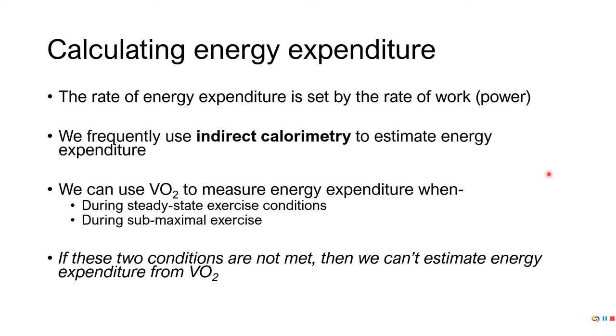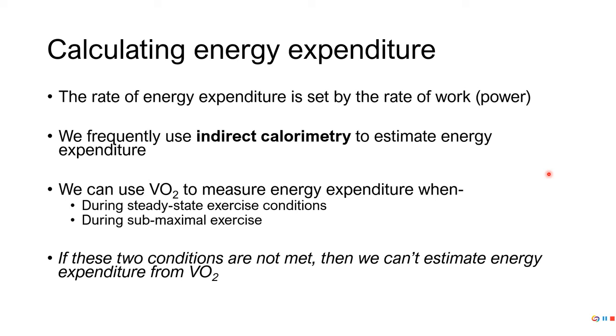So if we want to really accurately determine how many calories we're using, we need to be at steady state, okay, so where everything's constant, so you're at a constant intensity and you've been there for a while, and this needs to be during submaximal exercise. Maximal exercise kind of changes everything because we end up getting an RER above 1, and we'll talk about why that occurs later on, but just not in this lecture.